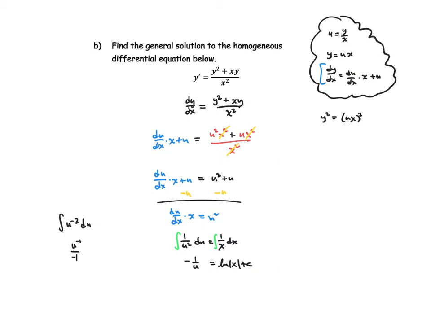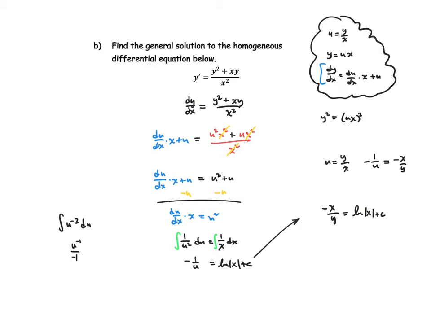Now again, we're looking for the general solution to the differential equation. So if u is equal to y over x, then negative 1 over u is equal to negative x over y. So I'm going to write negative 1 over u as negative x over y and rewrite the right side.